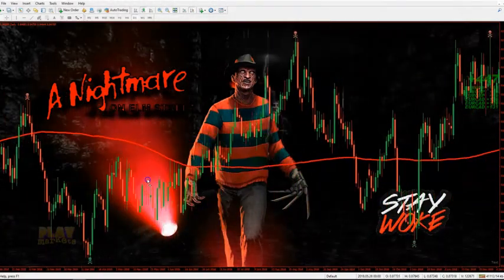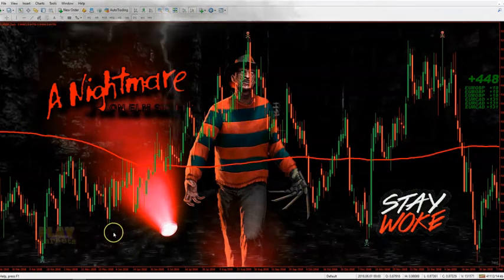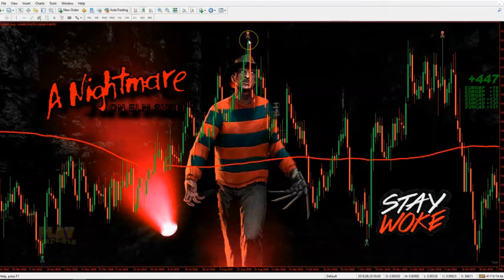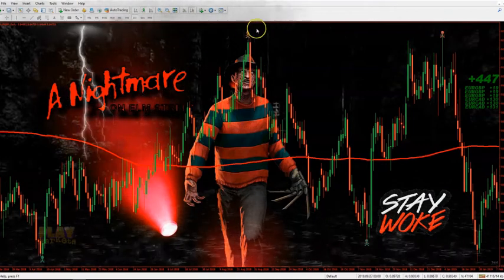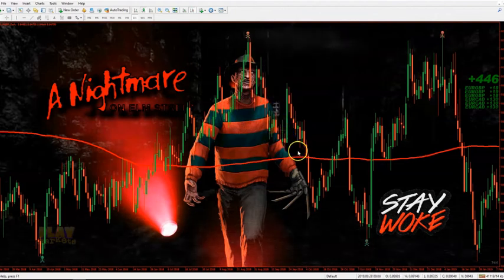We know that if we see price action buying at an all-time high, and you know how to work the RSI, you know that this is overbought. It's probably a good indication that it's going to come down.